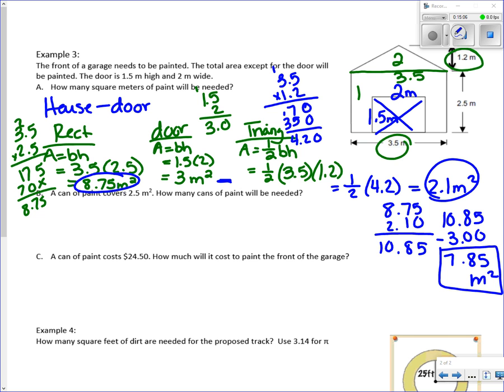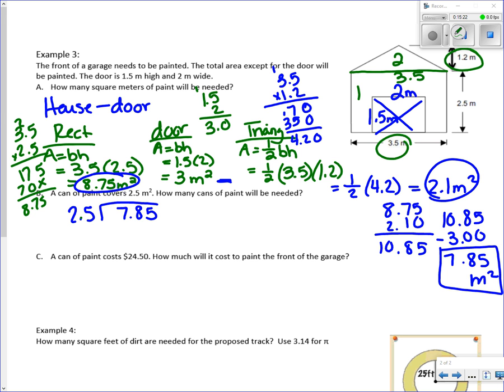Okay, so let's look at B. It says a can of paint covers 2.5 feet squared. How many cans of paint will we need? Well, we know how much is going to be painted, which is our 7.85, and we know that one can is 2.5.